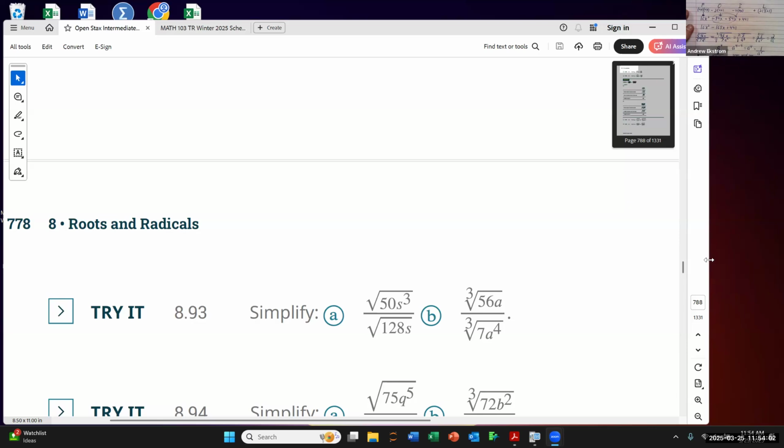Cubed root of a divided by cubed root of a cancels out, which gives us cubed root of 8 divided by cubed root of a cubed, which gives us exactly the same thing as we had before. So which way works better for you? Again, you need to figure that out.